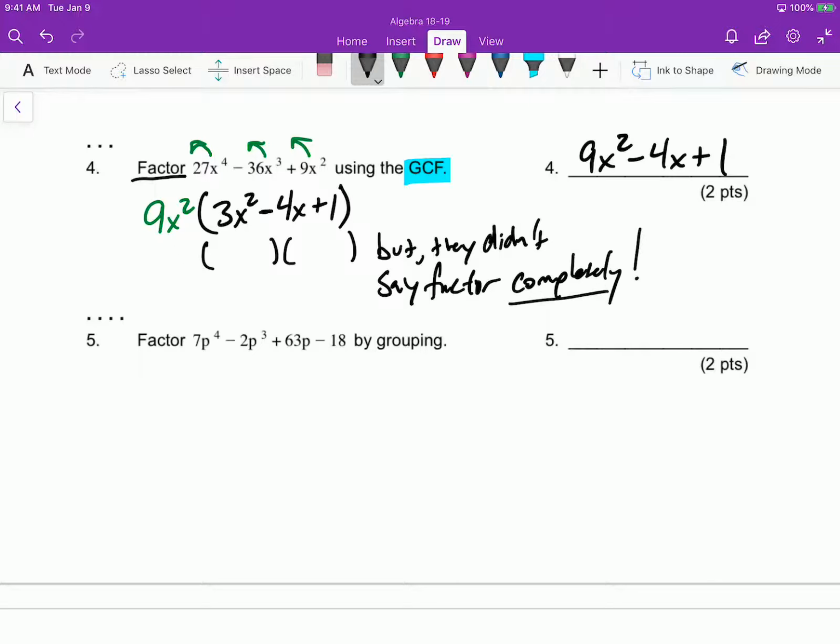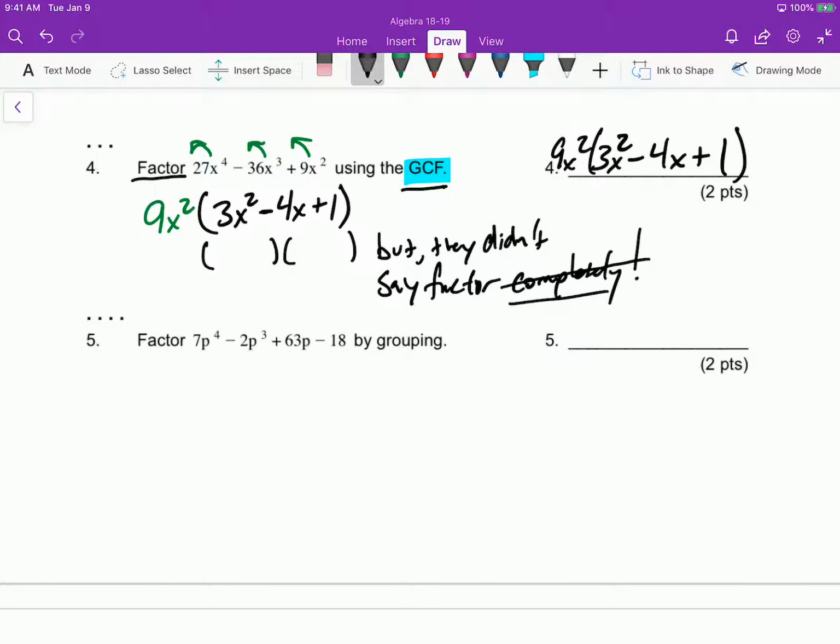Without that word, all they were asking for was the GCF. So that's all I had to do there. And I just realized I wrote my answer wrong. Let me fix that. So it's 9x squared and then 3x squared on the inside.